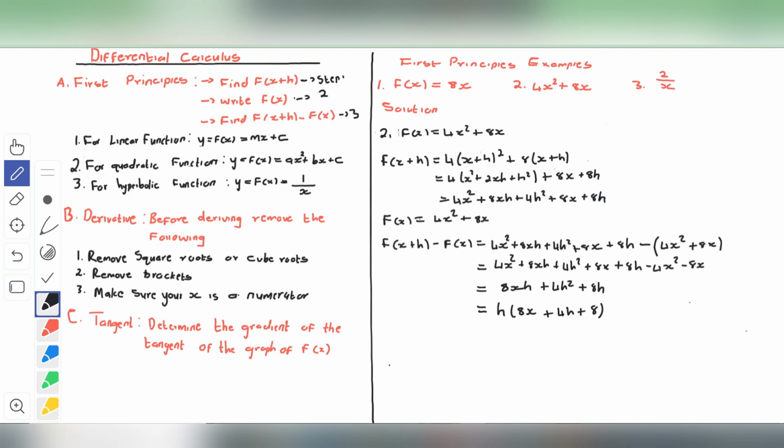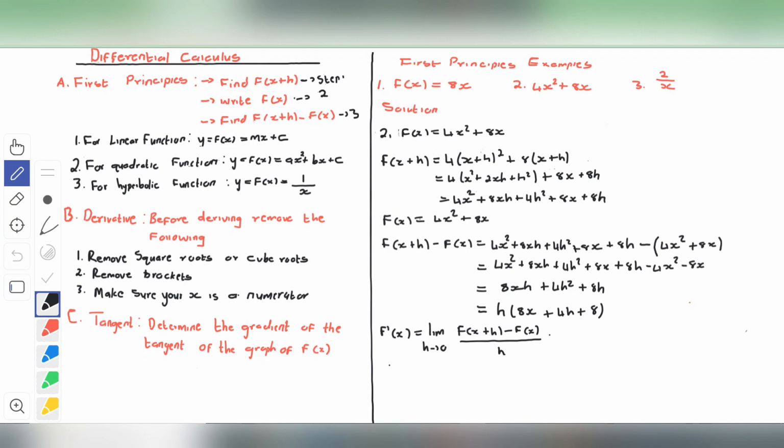And then what are we going to do? Now we're going to introduce the formula of the first principle, which is the limit whereby h approaches 0 of f of x plus h minus f of x all over h, right?